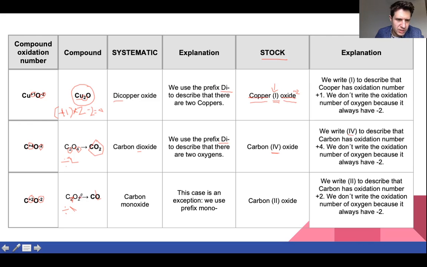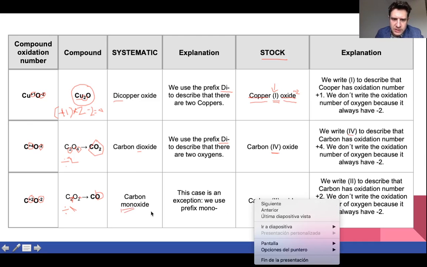We divided 2 by 2 and 2 by 2, so we will have carbon monoxide. This is one of the few examples where we write mono. This is an exception: carbon monoxide.